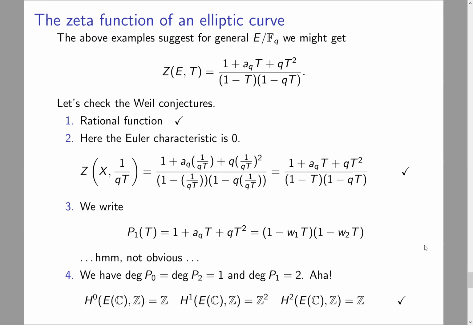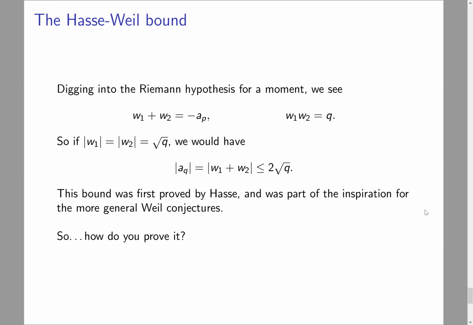So what might make you believe that to be true? Well, let's just dig into this for a moment and see what we get. As I mentioned, if you add these two roots of P1, you get negative a_q. If I multiply the two roots, I get q.